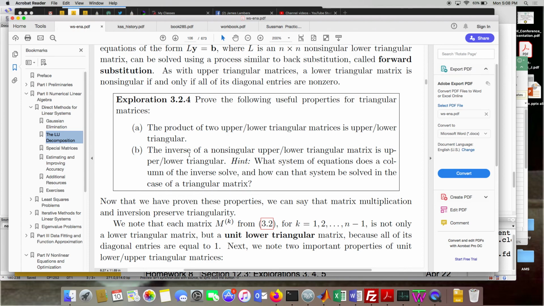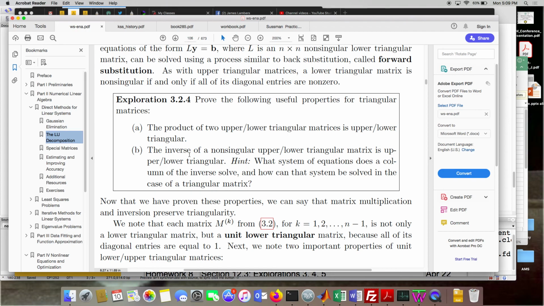Okay. So when doing this proof, are we using, say, maybe a 3 by 3 matrix to show the proof or in general? Okay. I do want to see a general argument.